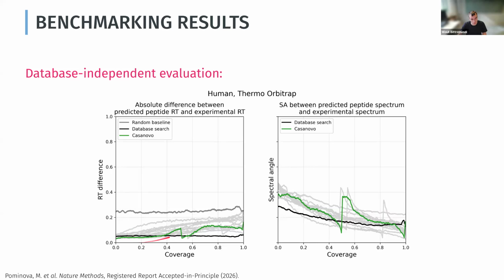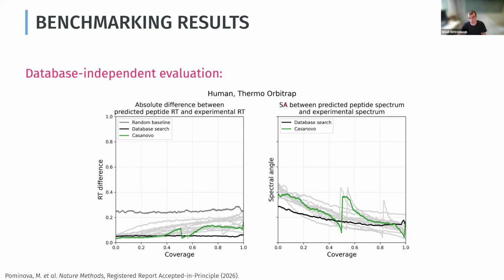And we see that the high confidence predictions tend to very closely match the database searching results, whereas for the lower confidence predictions, the retention time deviations become larger, which indicates that you might use this retention time difference as an additional filtering criterion to select the high quality peptide identifications.